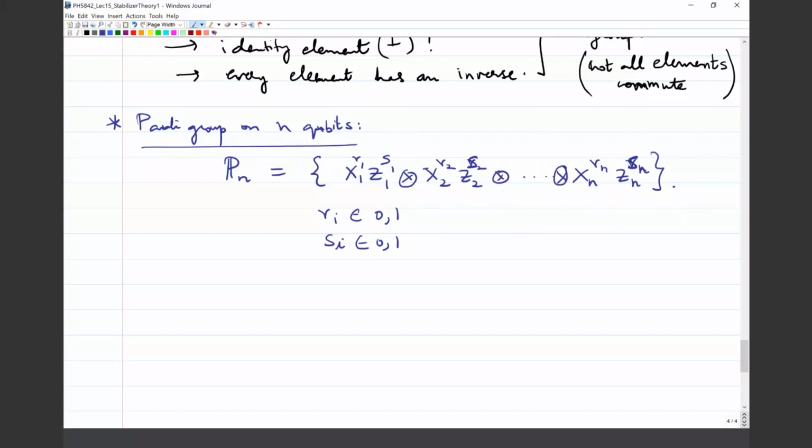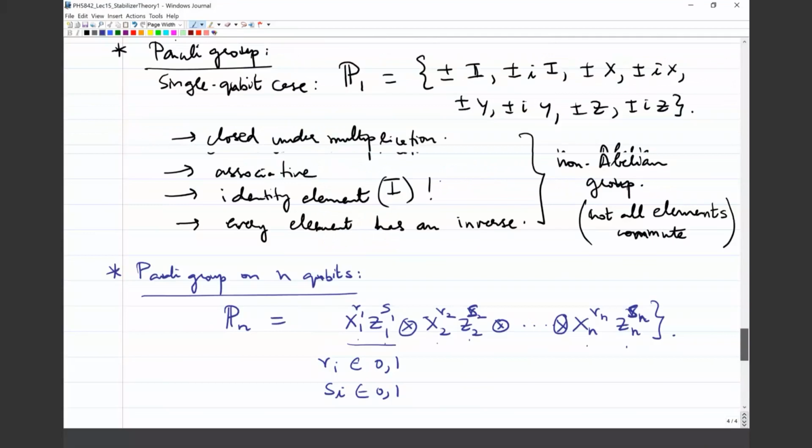I'm putting the subscript just to indicate which qubit one is talking about. So on the first qubit, if both of them are 0, then it's identity. If one of them is 1, then it's either X or Z. And if both of them are 1, then it is Y. What I'm missing out here is all the prefactors. Now, why did I have to put all these prefactors here? The plus minus 1 and the plus minus i?